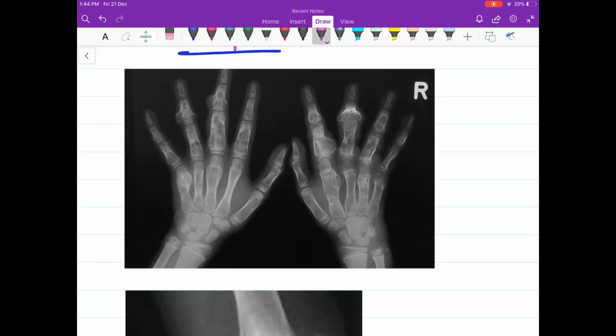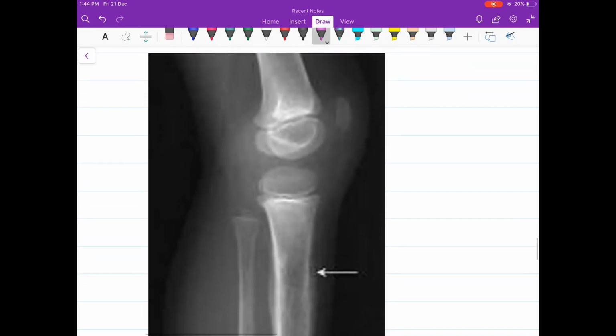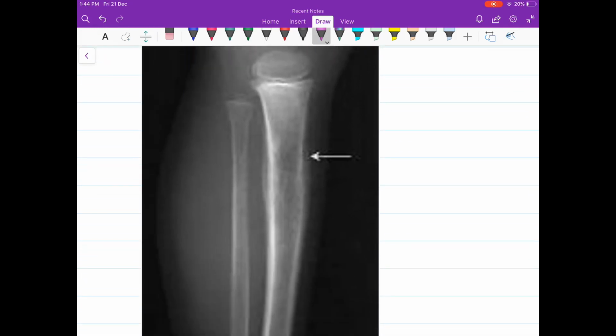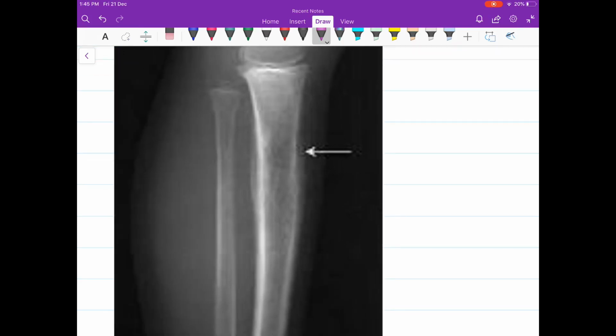So this is the picture of, what is this, friends? What do you see? These are the tumors of the hand. These are enchondromas. What do you see, friends, here in this picture? You see periosteal reaction.